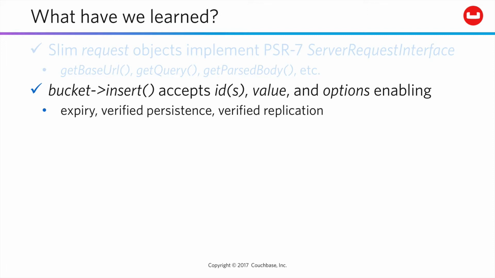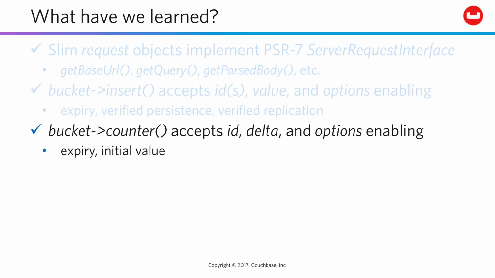The values presumably are going to be a string of JSON, but not necessarily. Couchbase can store any binary value of appropriate length. And then you can configure options enabling auto-expiration of your documents, as well as verification of the persistence and/or replication of those documents, as appropriate for your application.